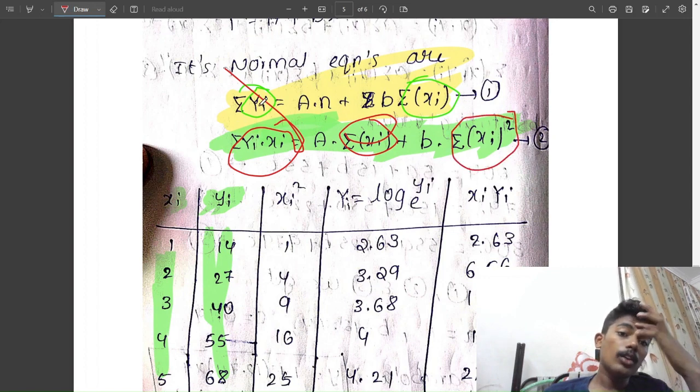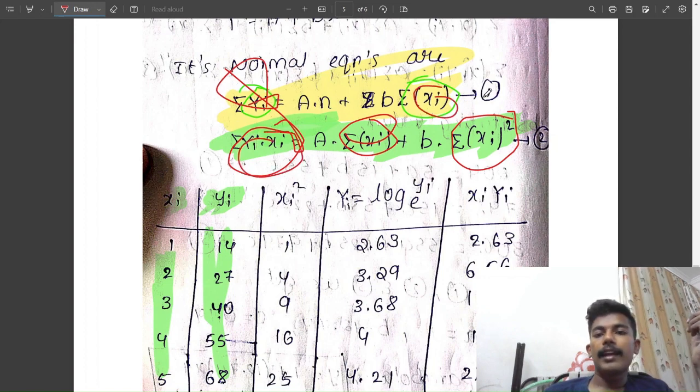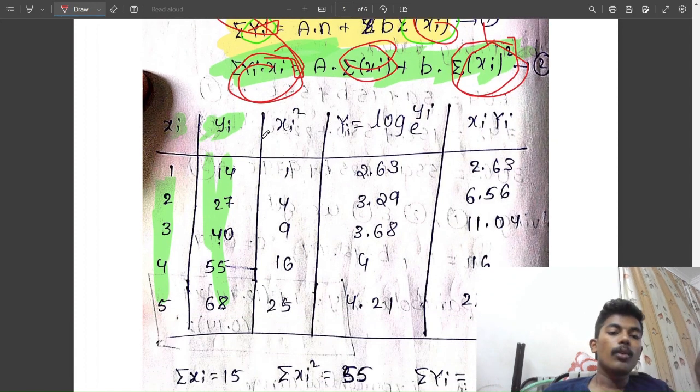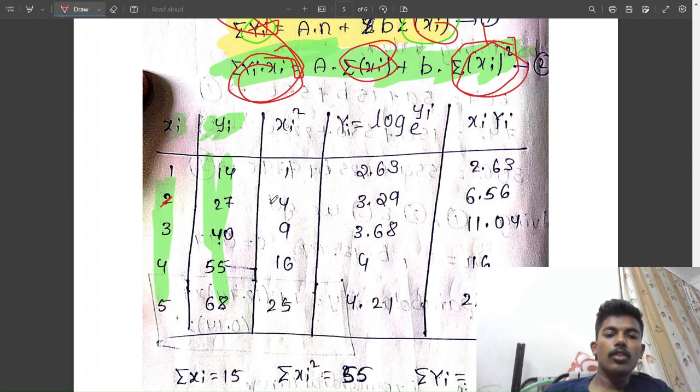So we have to find the values of yi, xi, yi xi, and xi square. So we write the values of xi square. That is, 1 square 1, 2 square 4, 3 square 9, 4 square 16, 5 square 25.